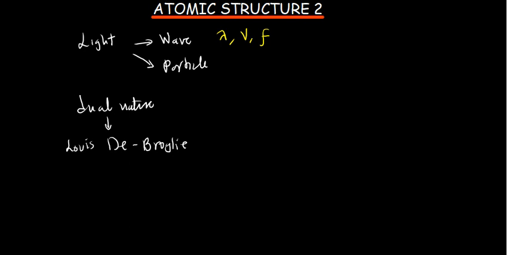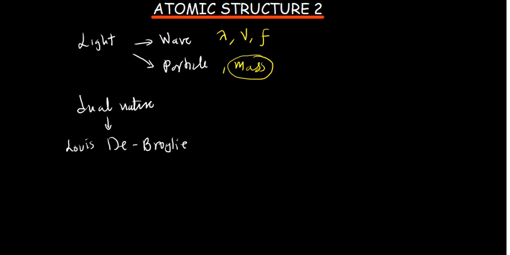If something is a particle, you expect it to have mass. So light has got mass. That is why we are saying light is a particle. And light has got these properties: wavelength, speed, frequency. That is why we are saying it's a wave.